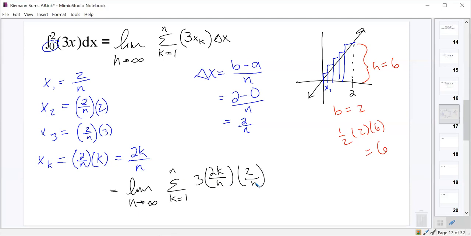And now we'll see that we're down to just 2 different letters in there, right? We've just got k and n. We've gotten rid of all the x's, which is nice. And we should be able to multiply all those things together, which gives us what? 12k over n squared, it looks like.